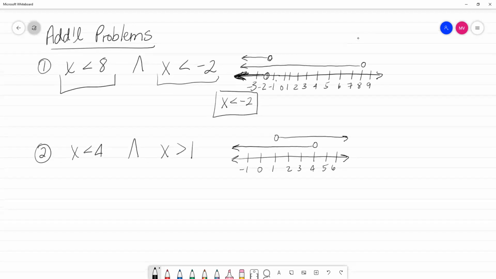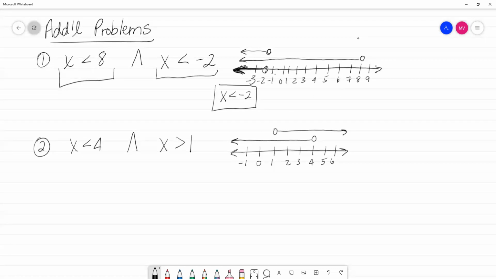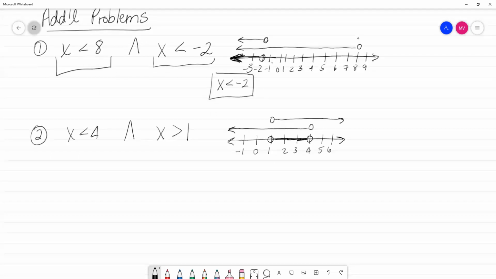So our set is what? 1 to 4. All right. And what do I put at the 1? An open circle. And what do I put at the 4? Right. So X is, you could do this either way. You could say it's greater than 1, but less than 4.